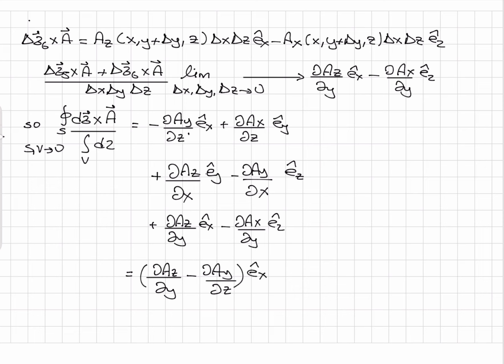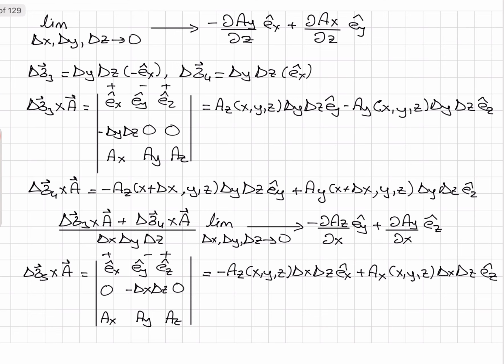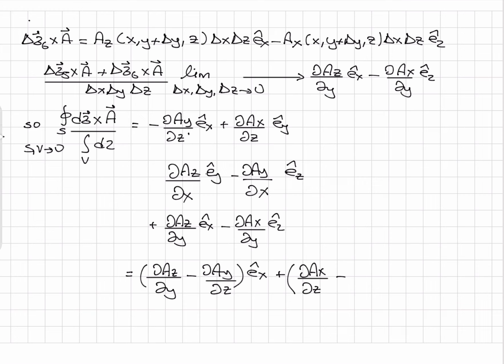For the ey hat component, we have del Ax del z, and the second one, from 3 and 4, is minus del Az del x ey hat, so this is minus.